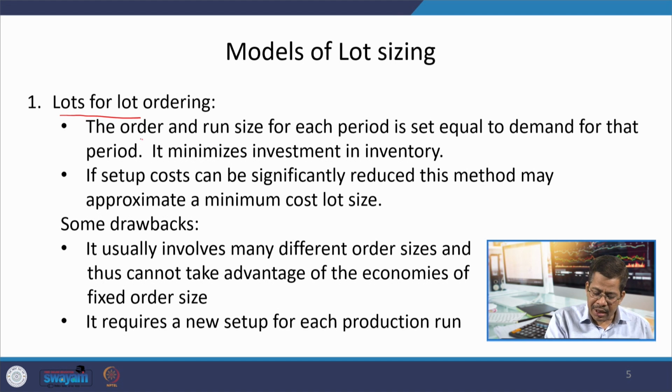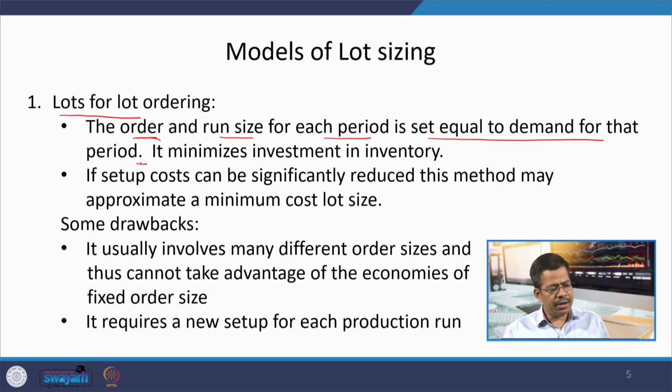In this case the order and the run size for each period are equal to the demand for that particular period, and you are giving an order of only that much quantity which is required for that period. Obviously, you can easily understand that there will be no inventory holding in this case, so your inventory holding cost is practically 0 for lot for lot ordering.